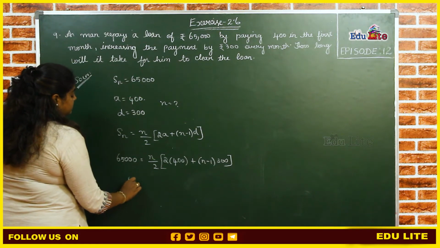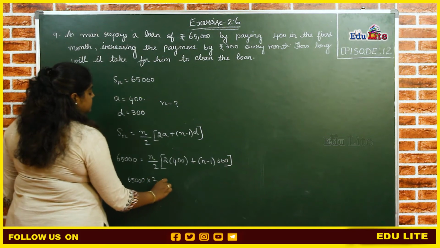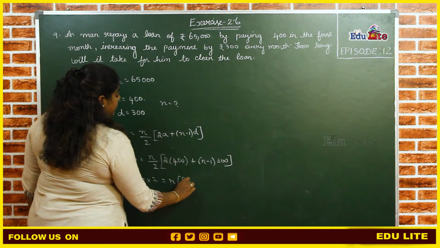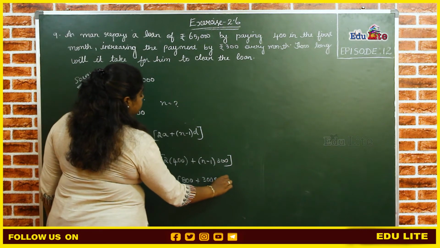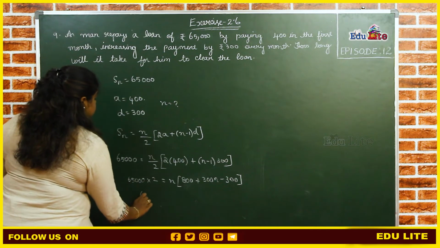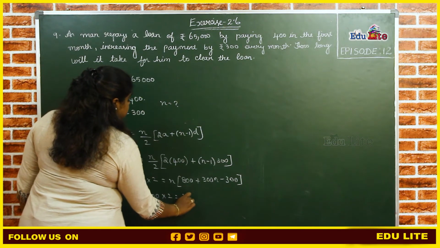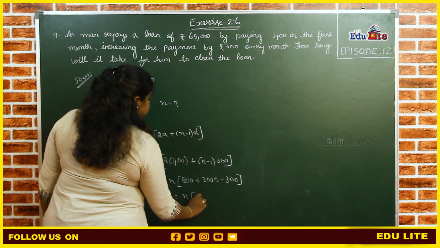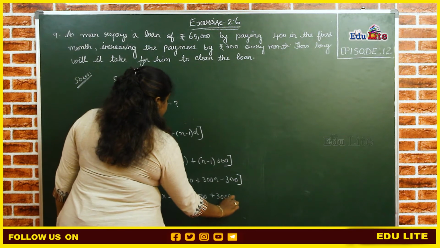So 65,000 into 2 equals n into 800 plus 300 into n minus 300. Therefore, 65,000 into 2 equals n into (800 minus 300, which is 500) plus 300n.